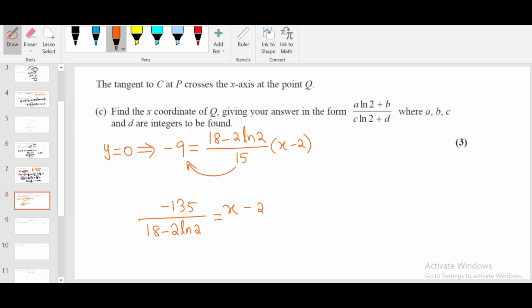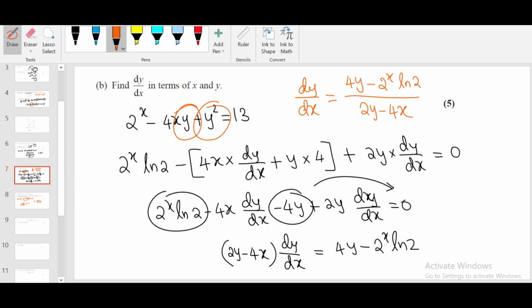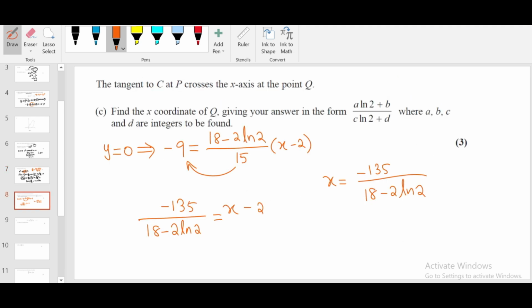And bring the minus 2 this side, so x is going to be minus 135 divided by 18 minus 2 ln 2. First of all, how we got 15 in the denominator? It was 5, I think. The denominator was 10, it was 5 actually, not 15. So 9 5s are 45. So it was 45 actually, plus 2.